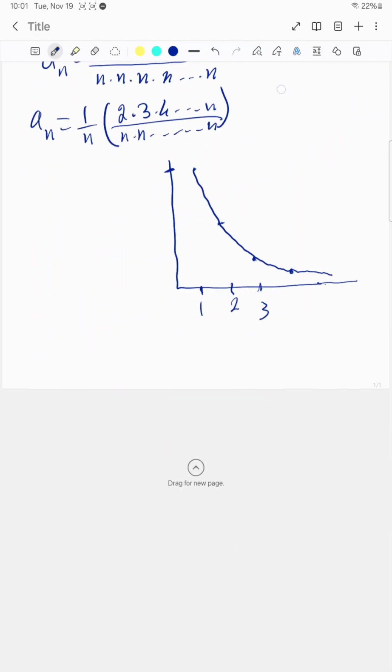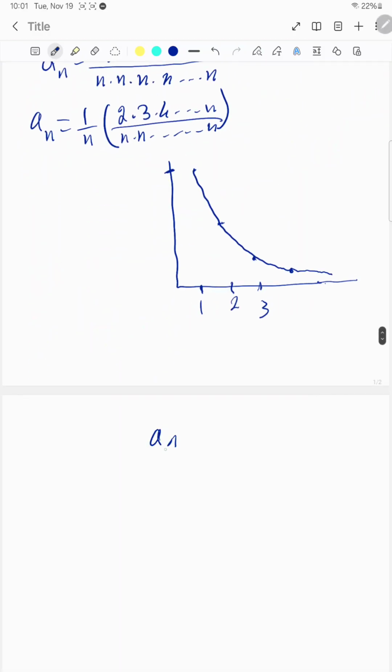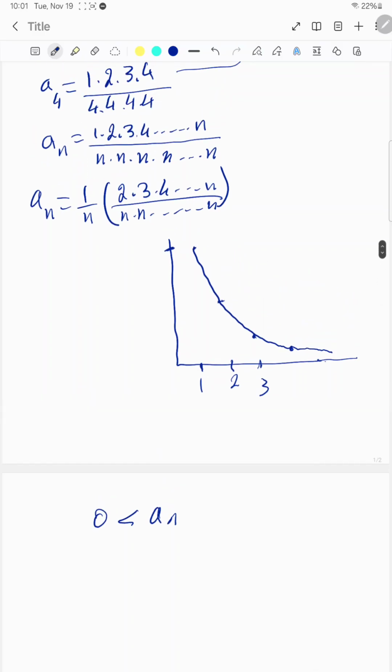So I know my a_n is between 0, I can put less than or equal, and 1 over n. Because whatever is between the parentheses is less than or equal to 1. It can be 0.000, but it's always less than 1.